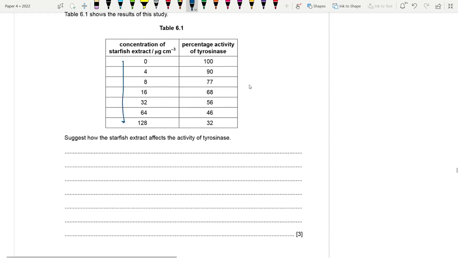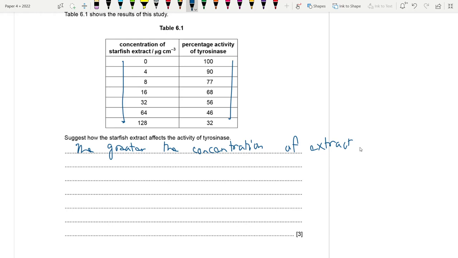As the concentration increases, activity clearly decreases in all steps. So the greater the concentration of extract, the lower the activity of tyrosinase.